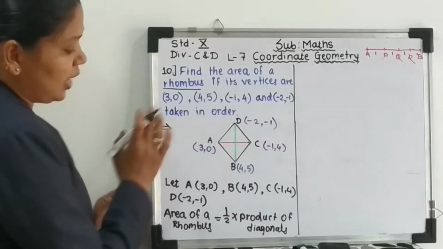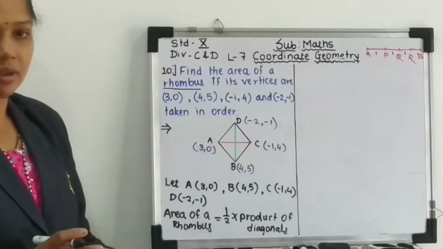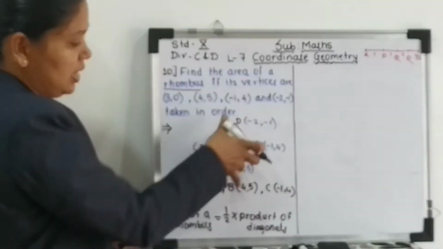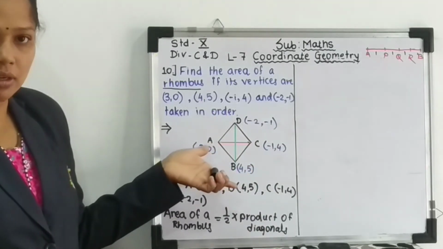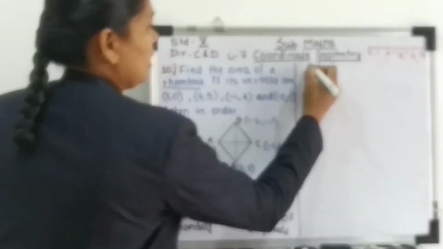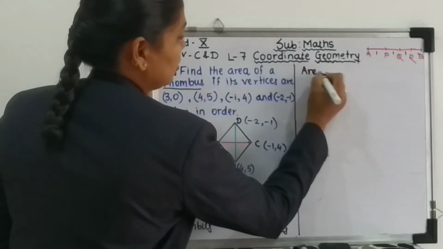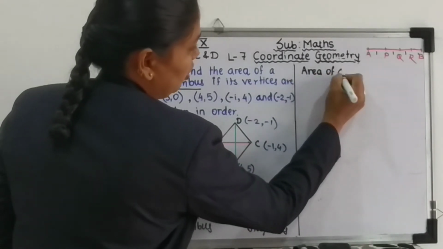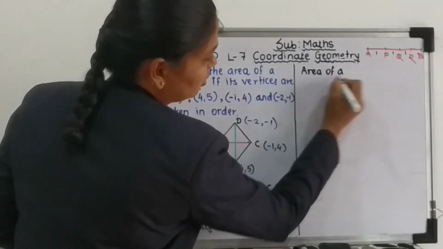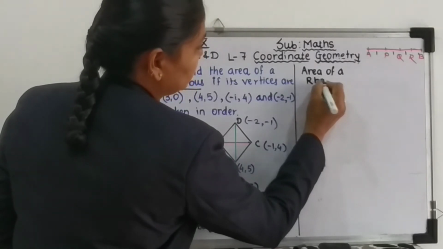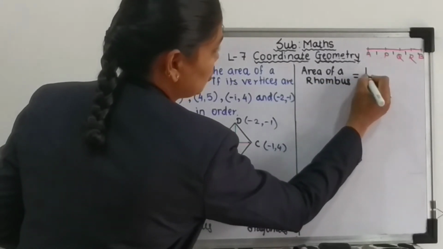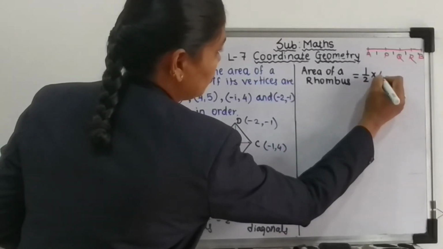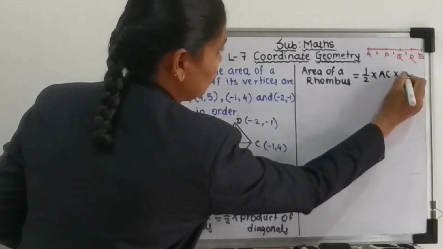Now which diagonals do we have here in the figure? AC and BD, which I have marked with red and green color. So we will write the area of a rhombus equals half into AC into BD.